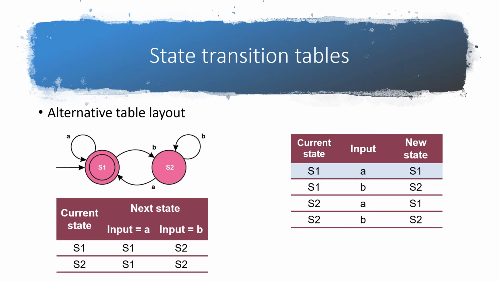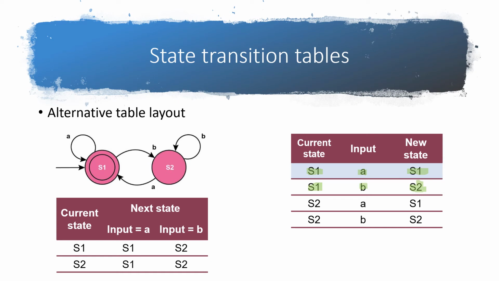Now, an alternative layout, which might be a little bit better, is to use this table instead. If we're on S1 and we've got an input of an A, it's going to stay on S1. If we're on S1 and we've got an input of a B, we're going to move to S2.